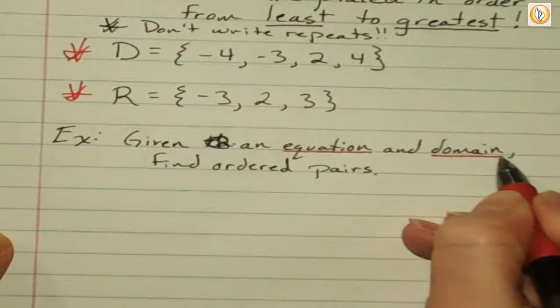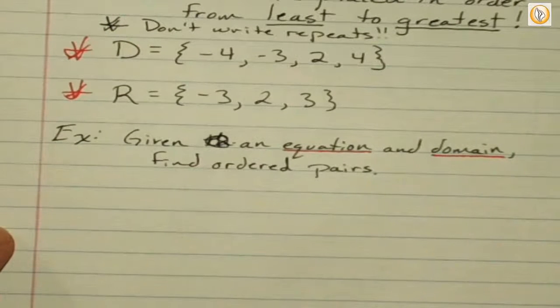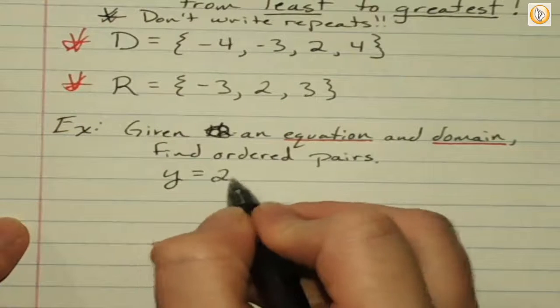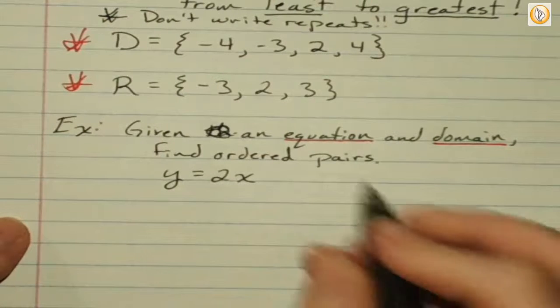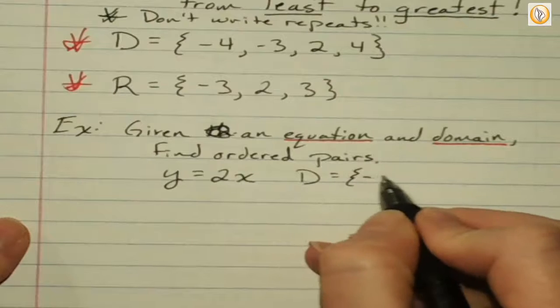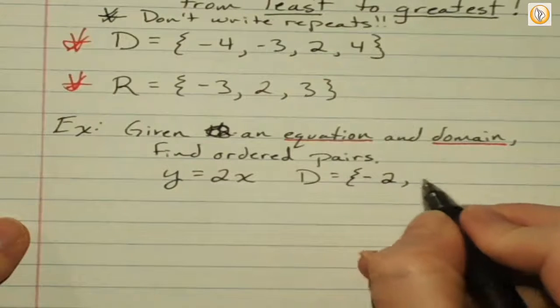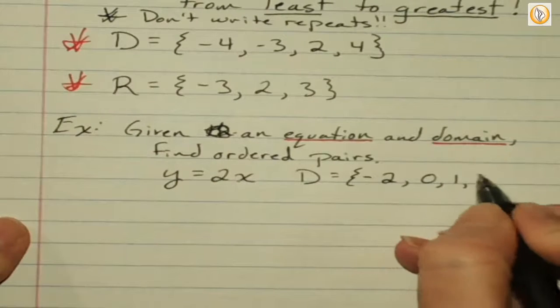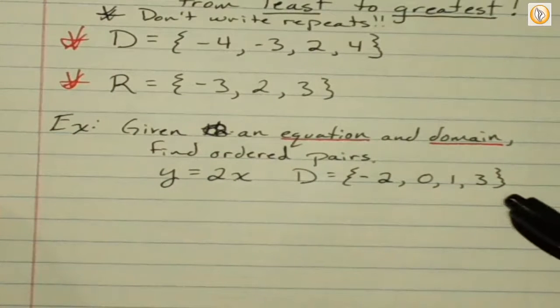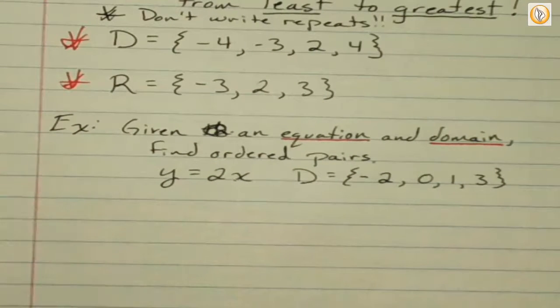So let's say they give us y equals 2x, and the domain they say is -2, 0, 1, and 3.